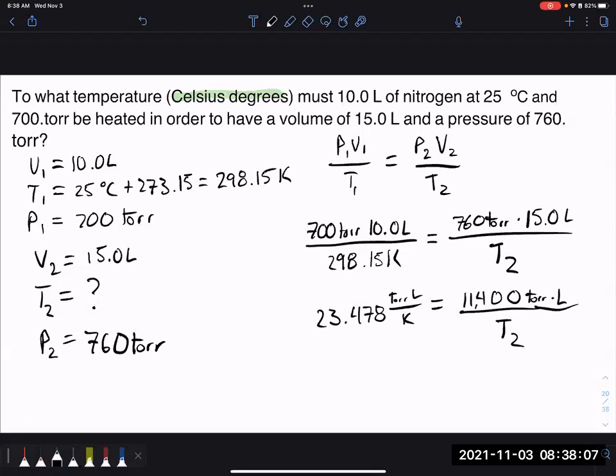So now we want T2 to be in the numerator. Otherwise, we're going to get 1 over T2. So we're going to multiply both sides by T2, and then we're also going to divide by 23.478 on both sides.